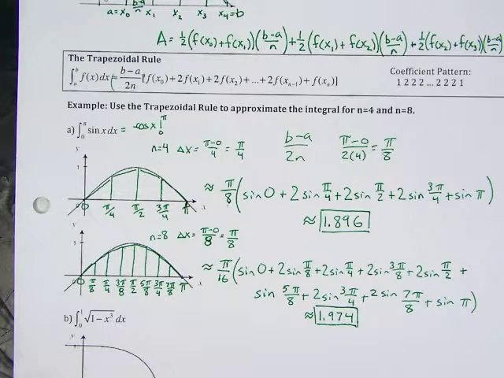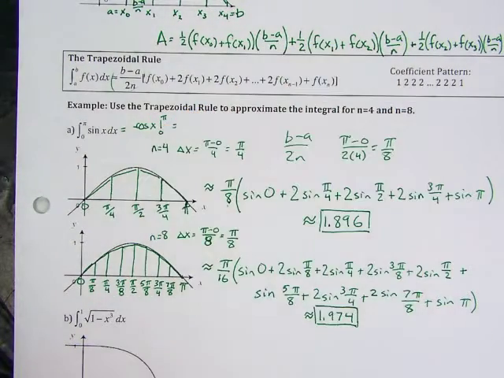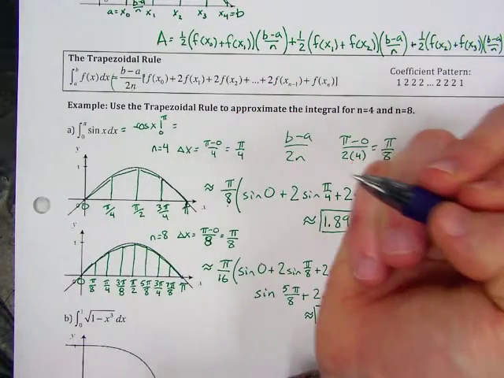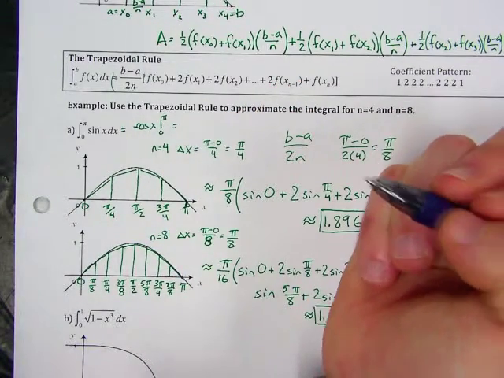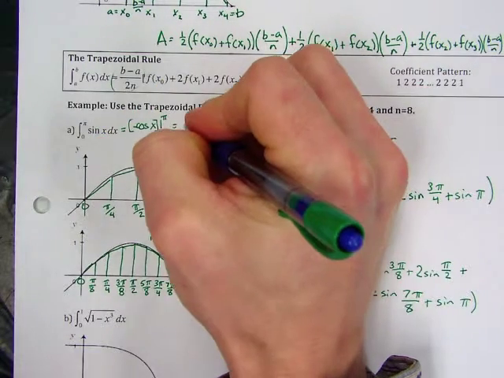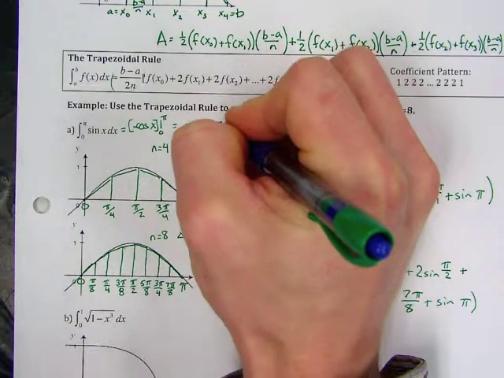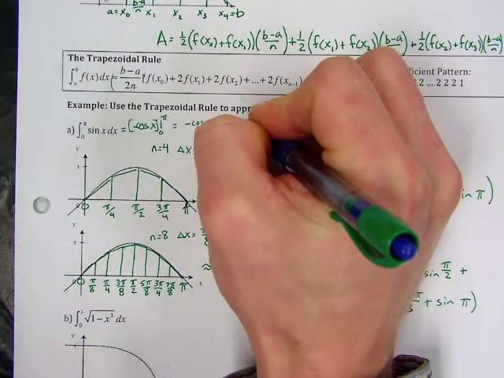So this would be, what do you get here? Cosine 0 is 1, so negative 1, minus... which is negative 1. What's cosine of pi?